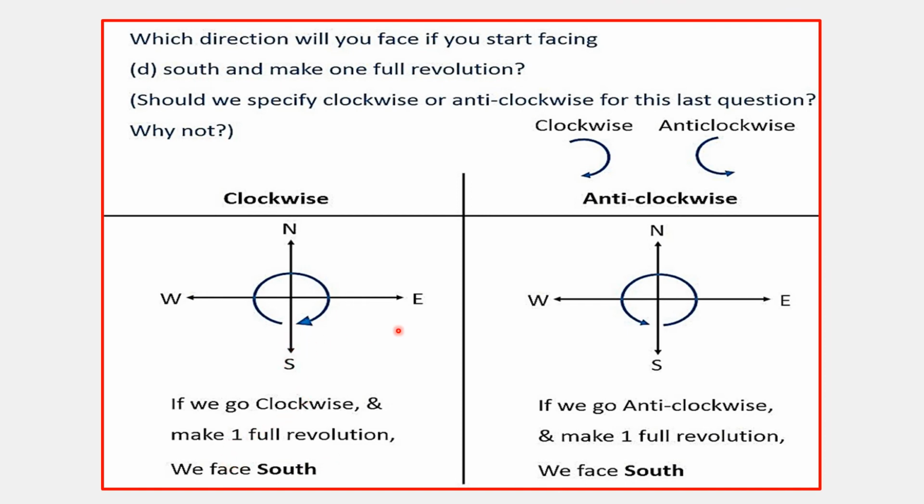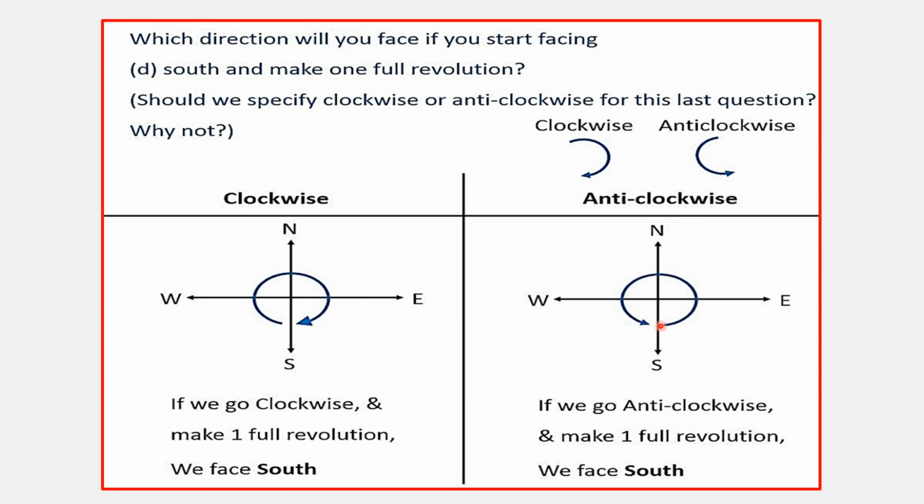Now again let us see the same example for anti-clockwise. Now you are facing south and taking one full revolution anti-clockwise. So you are moving from here, south, and taking one full revolution anti-clockwise, that means you are moving in a reverse direction.